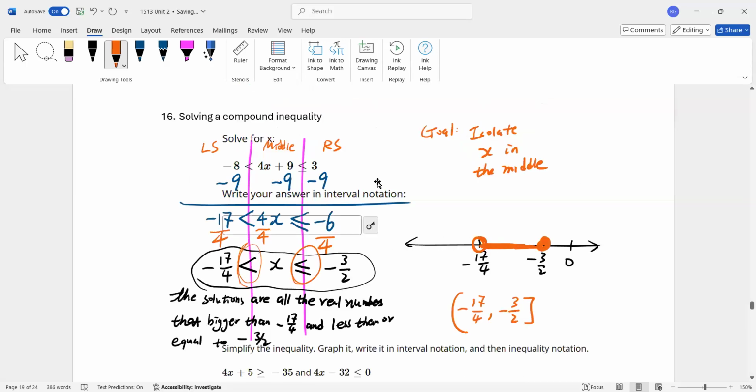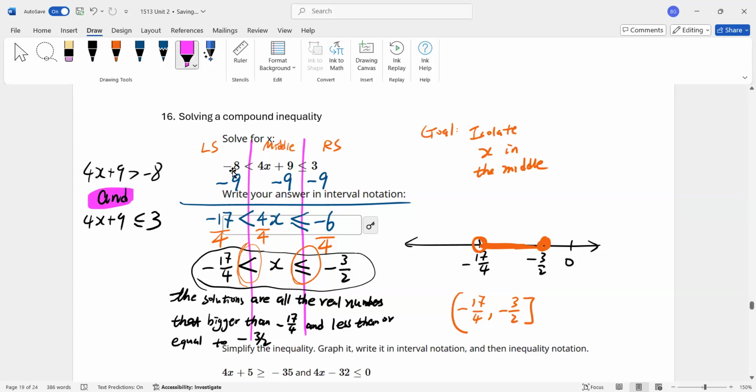Earlier, this compound inequality, actually, what is a compound inequality? Actually it means, if we want to separate, it's 4x plus 9 bigger than -8 and 4x plus 9 no more than 3. So the logical connective is and.